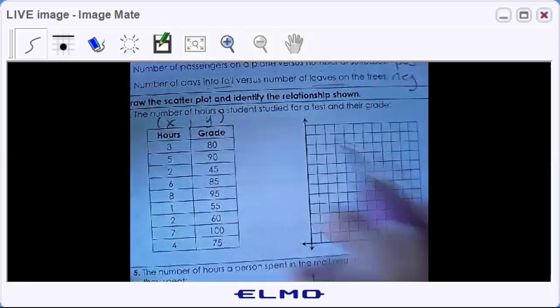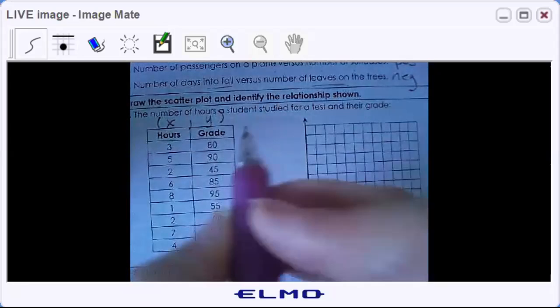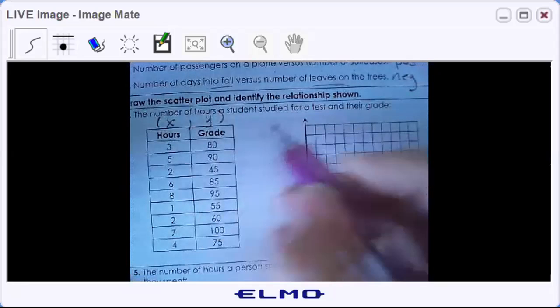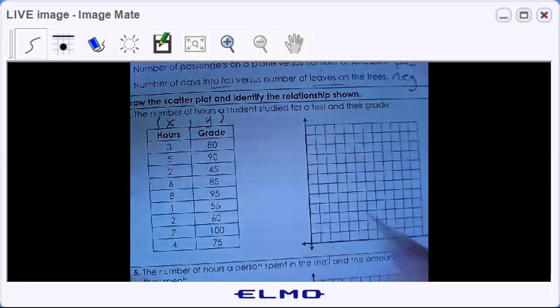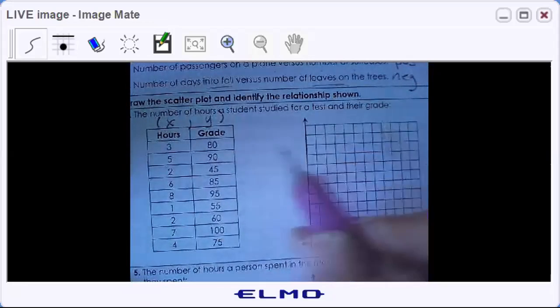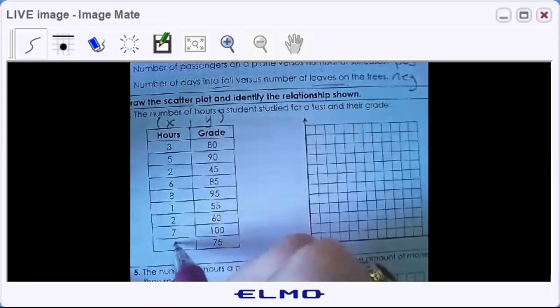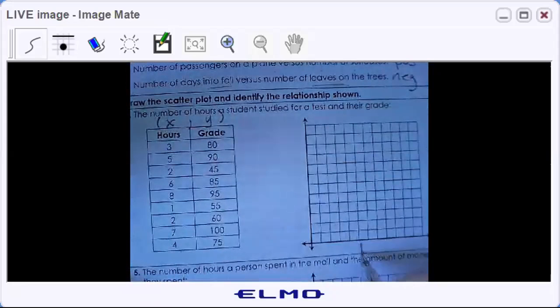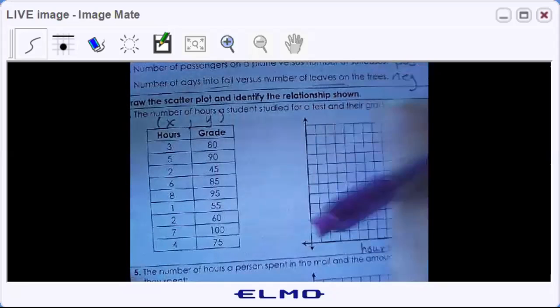And what we're going to do is decide how they go on our graph, and then we're going to see what conclusions we can make. Well, because I decided that the first column was x, that means hours is going to go down here. And the second column is y, means grades are going to go here.